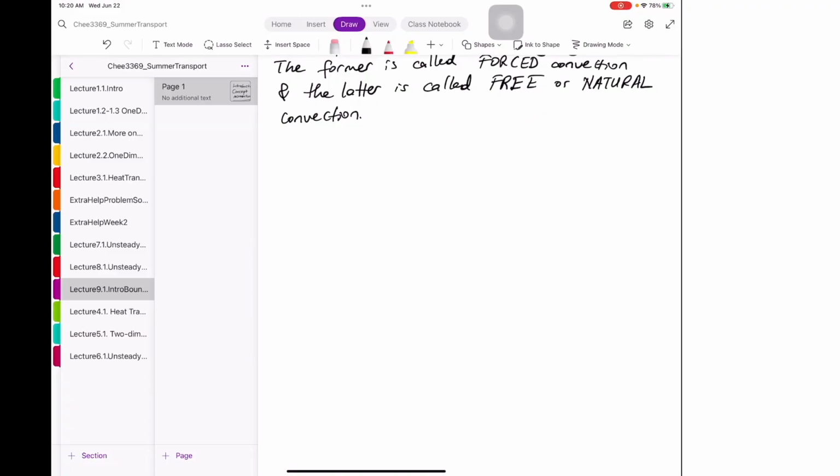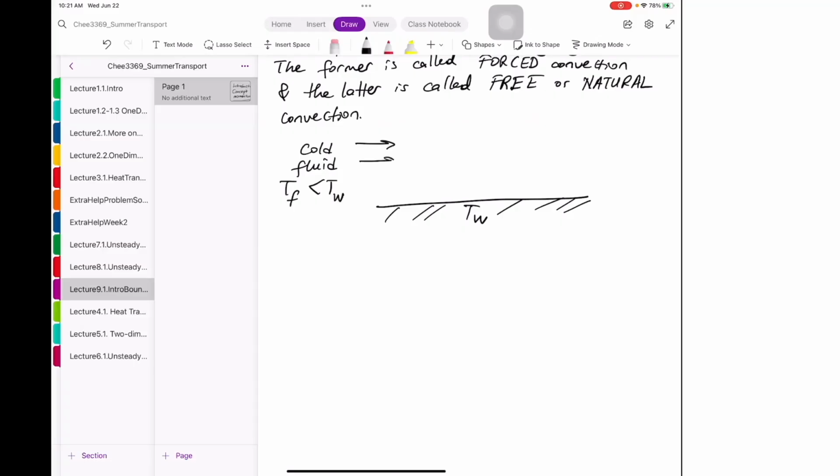So schematically, we have a system for the forced convection, like a solid at temperature T-wall, okay? And imagine that you have cold fluid, Tf is less than T-wall, okay?